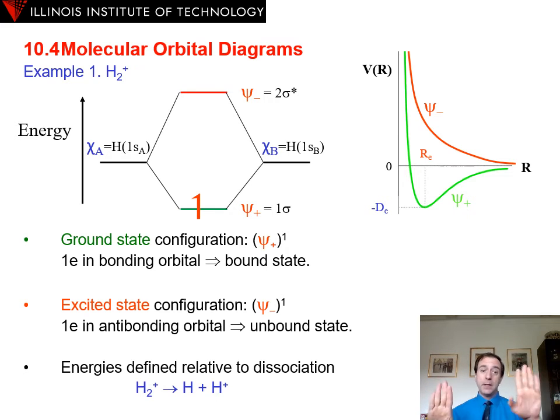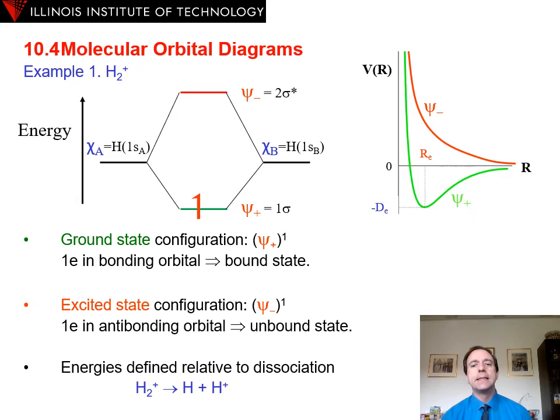On the left side, we have the hydrogen 1s electron for atom A, call it chi-A. And on the right side, we have the hydrogen 1s electron for atom B, call that chi sub B. In the ground state configuration, the bonding orbital has 1 electron in it.